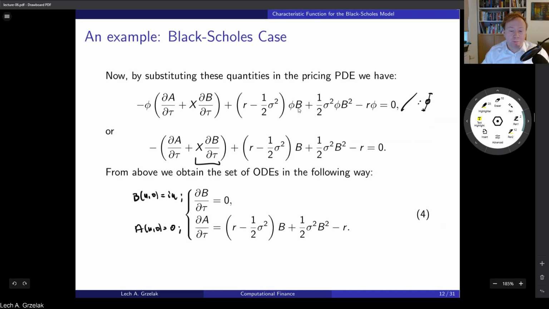Typically, if we have constant parameters and the one-dimensional case, then those ODEs are very trivial. If we have time-dependent parameters, as you can imagine, we would have some numerical integrations happening here. But in this case, it is very straightforward.